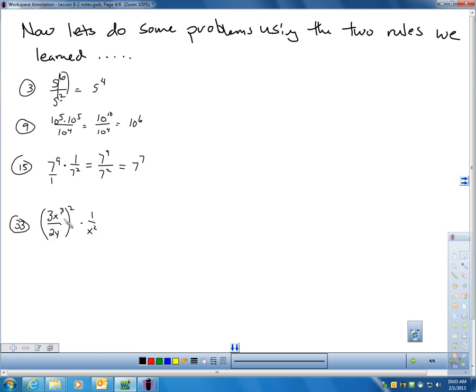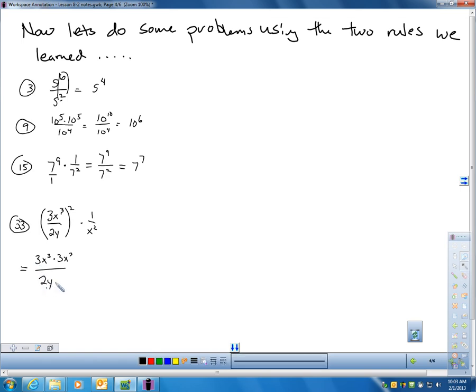Okay, so first of all, we have to apply the power of a quotient property. So the second power means that here, I have 3x to the 3rd times 3x to the 3rd over 2y times 2y.